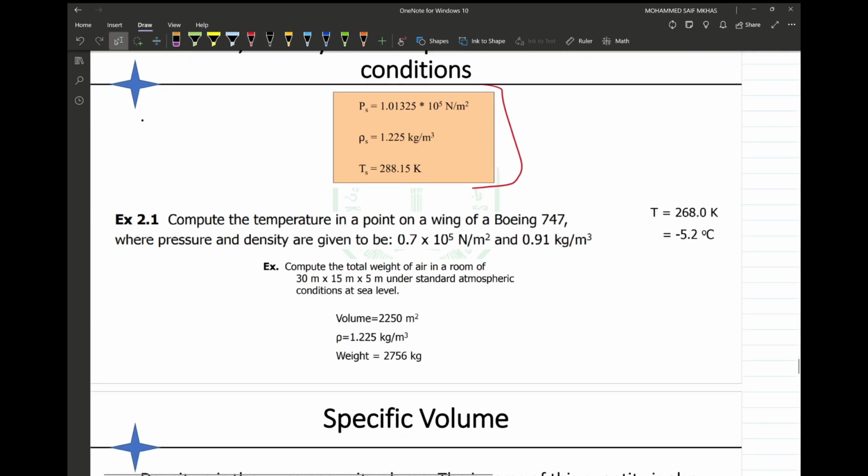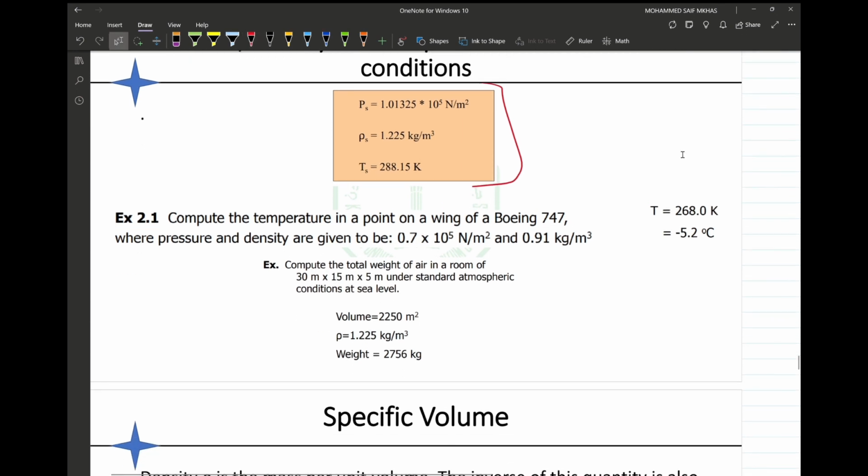So let's solve example one. Compute the temperature at a point on a wing of a Boeing 747, where pressure and density are given to be 0.7 multiplied by 10 to the power of 5 newtons per meter square, or we can also call it Pascal, and density 0.91 kilogram per meter cube.